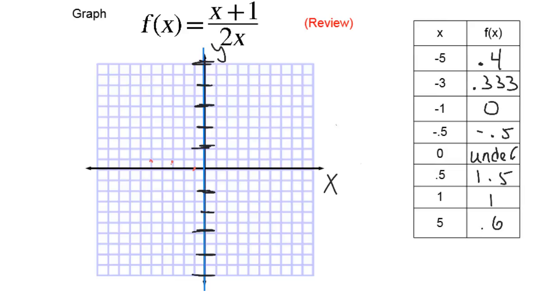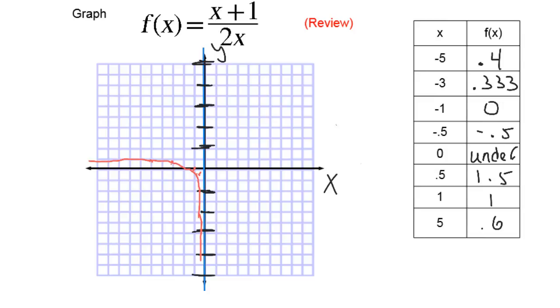When x equals -1/2, f of x equals -1/2. And then when x is 0, my f of x is undefined. So my function's going to look something like that. Terrible artwork notwithstanding.